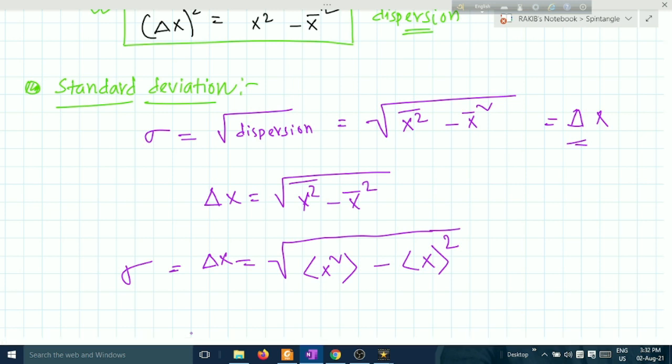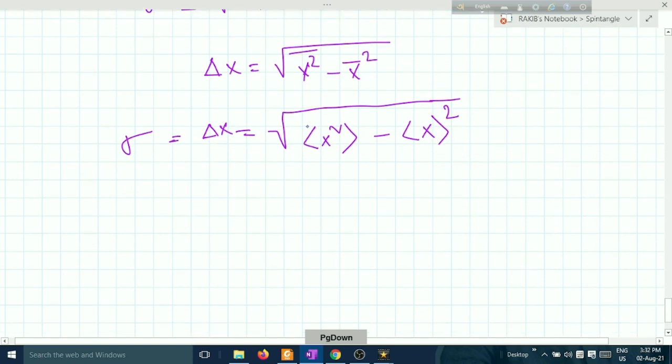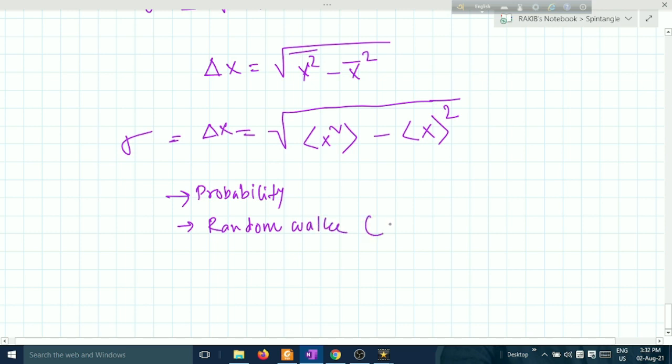In the general discussion on random walk, first we did probability, then random walk on the basis of the binomial theorem, binomial distribution.